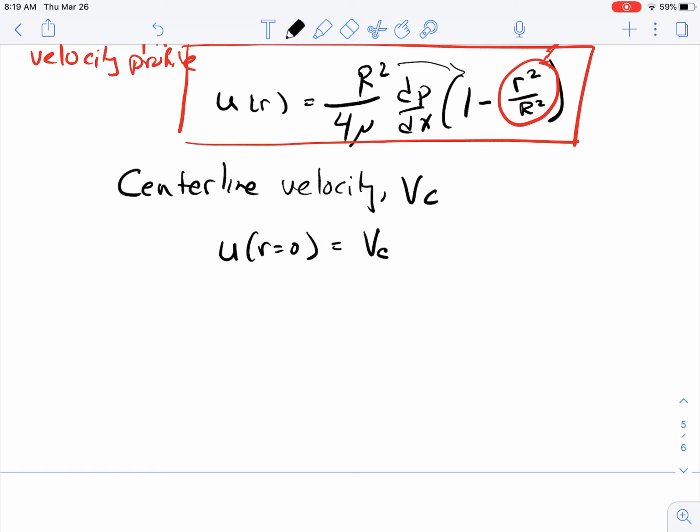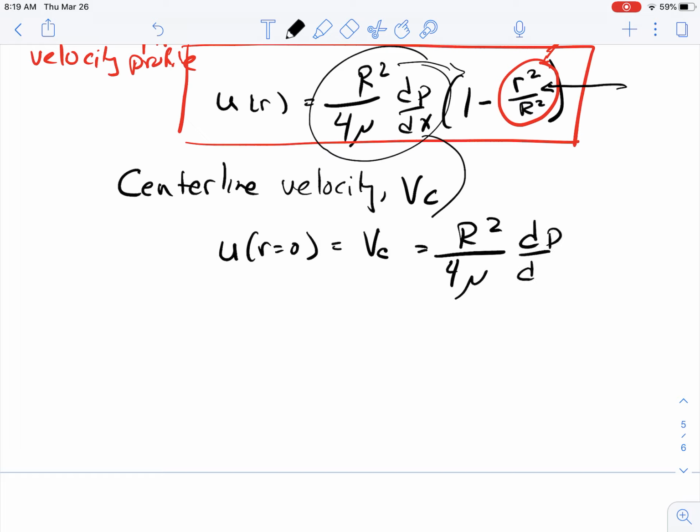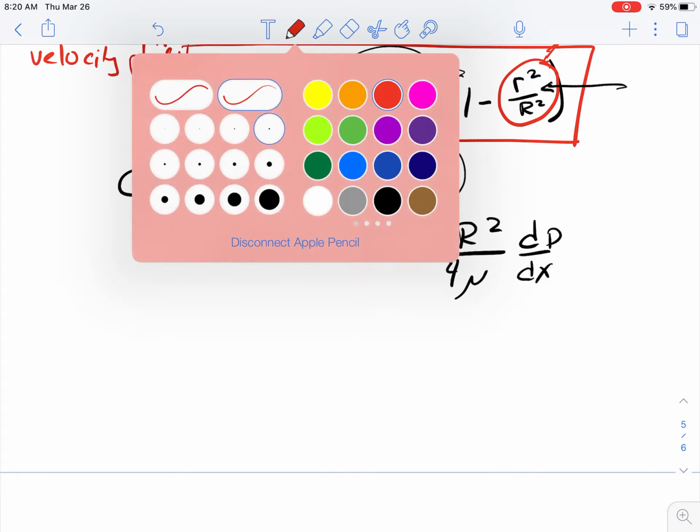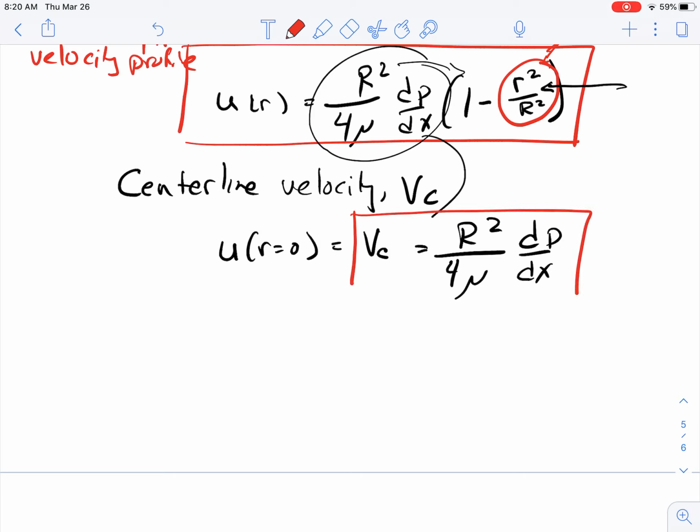That's going back up here and putting in a 0 for the radius, which gives us what's on the left-hand side here. So that's going to be equal to R squared over 4 mu times dp dx. So that's our centerline velocity.